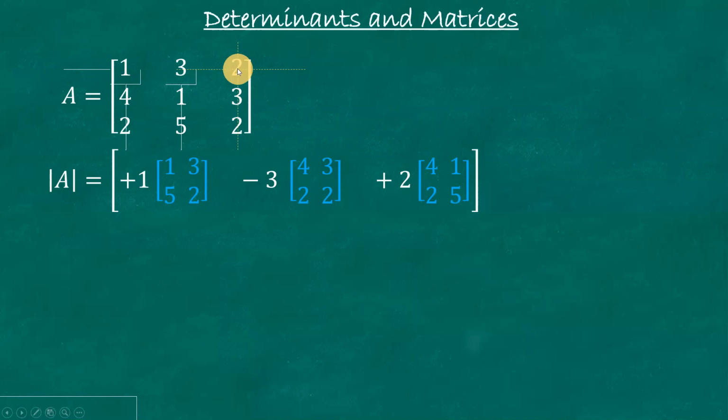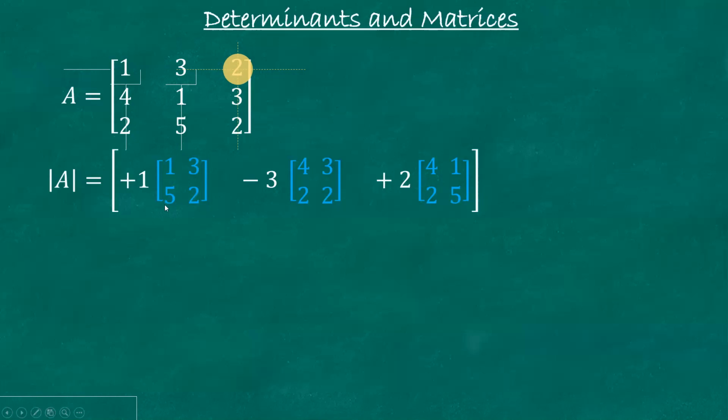And then last is this. 2. I-delete nako na. First row, third column. Ano ang mabilin? 4, 1, 2, 5. Dayon, i-apply nako itong sign chart. Mao na sign chart, plus, minus, plus. Para dili na malibog. Automatic na naka-incorporate ang cofactor.